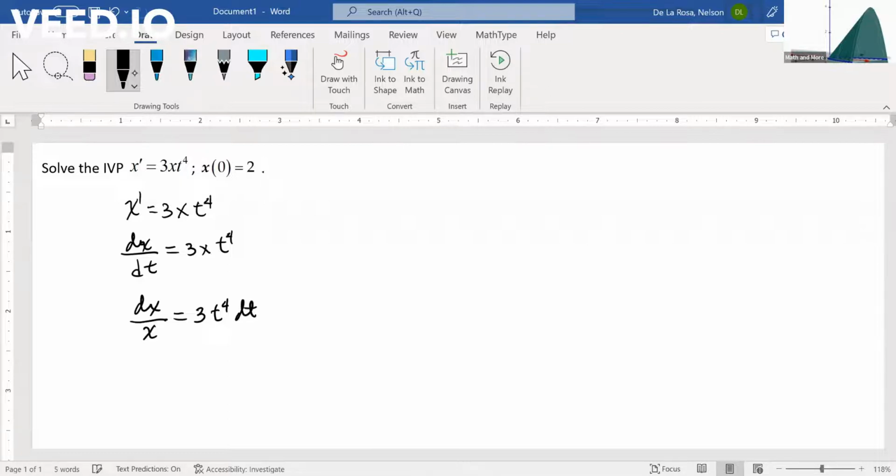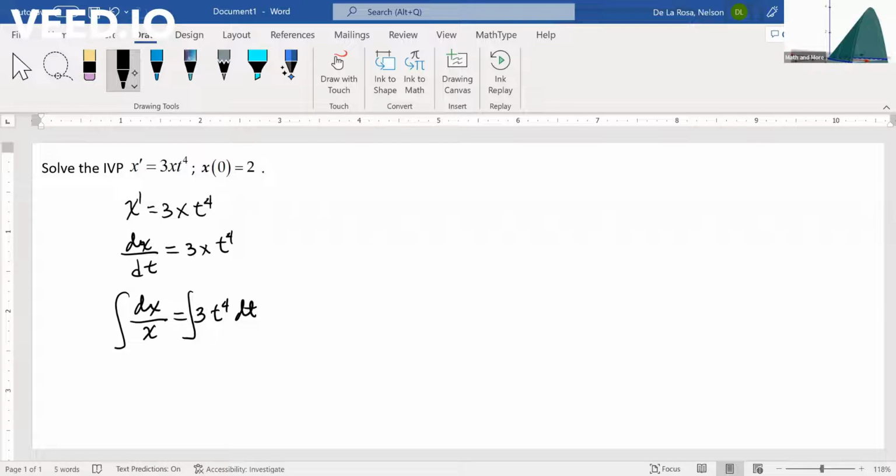As you can observe, in the equation we have on the left side only x, and on the right side we have just t. So now we can move to integration on both sides.